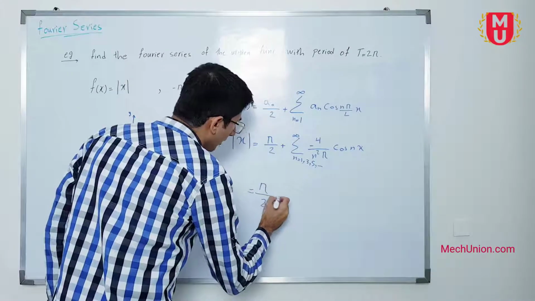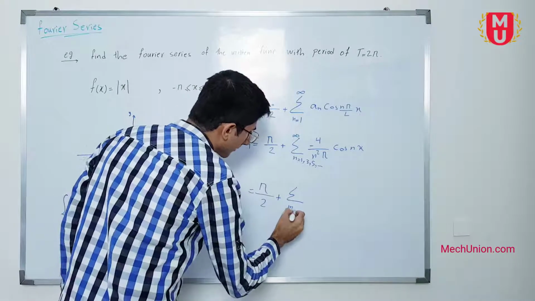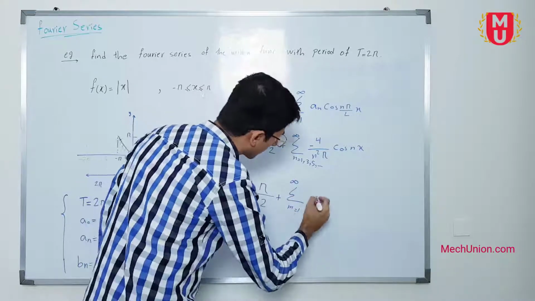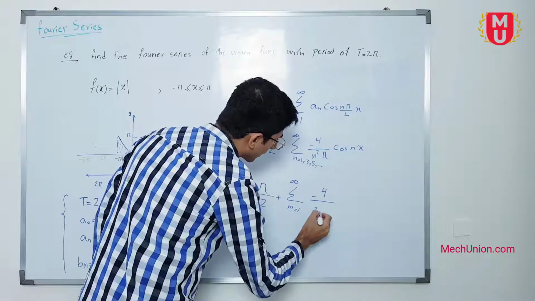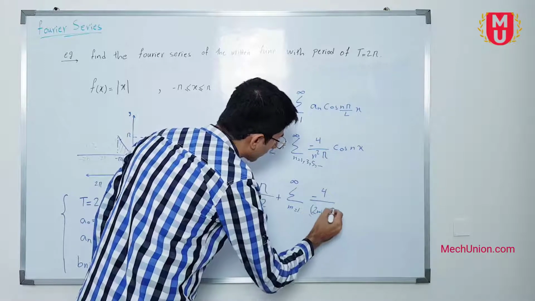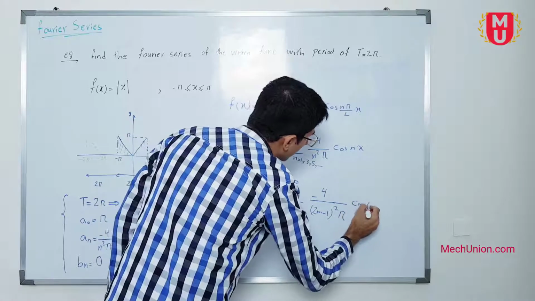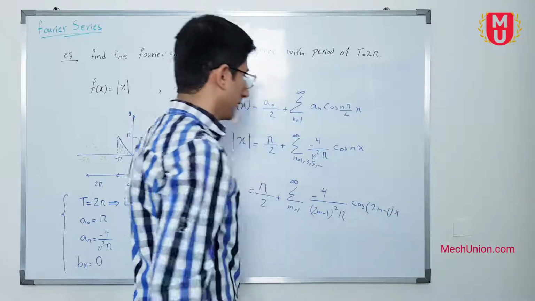We can write it down like this: pi over 2 plus summation of m equals 1 to infinity, m a natural number, of minus 4 over (2m minus 1) to the power of 2 pi, cosine (2m minus 1) x.